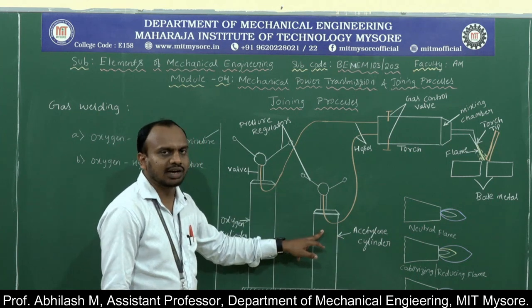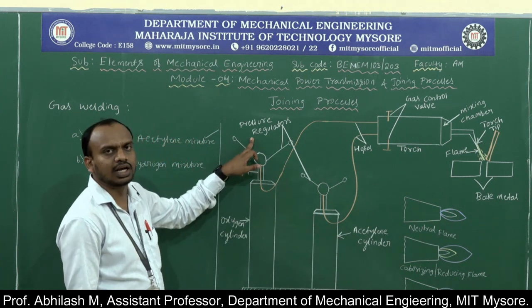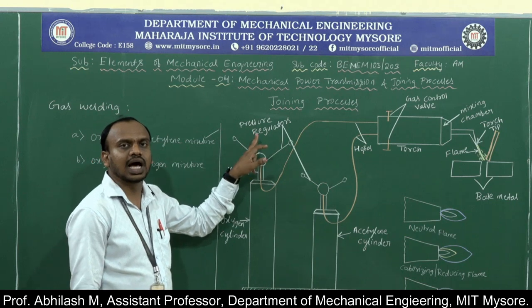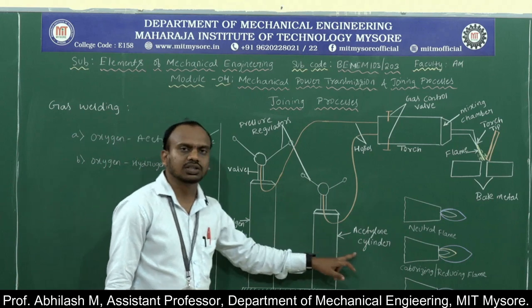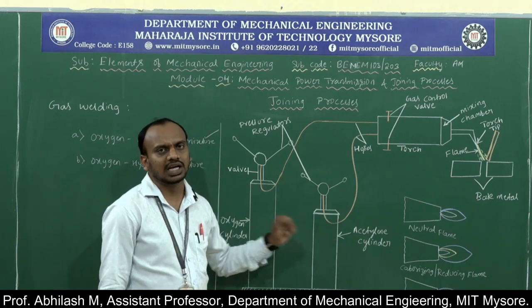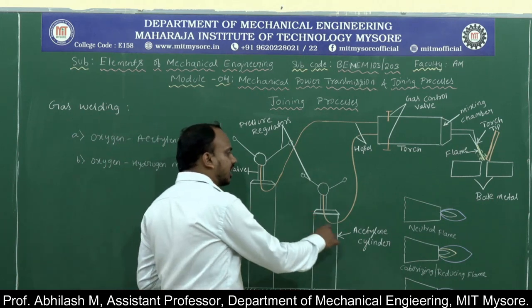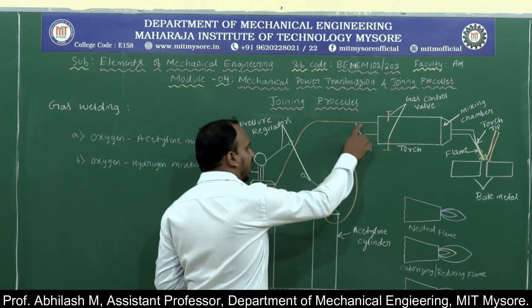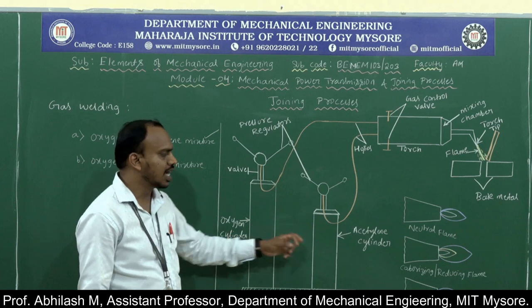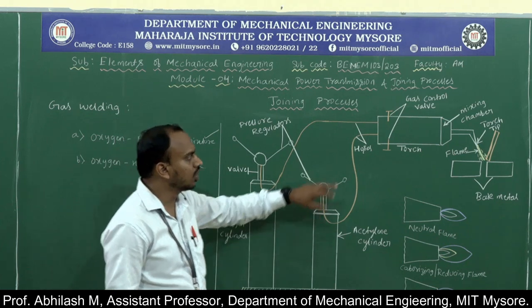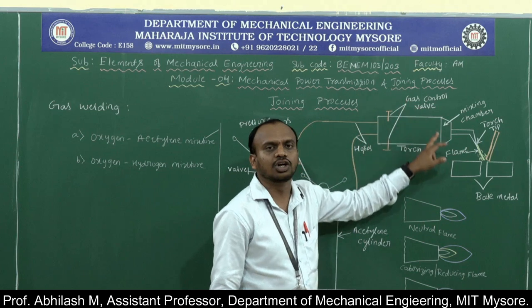Both are regulated with the help of pressure regulators. The pressure regulators are used to regulate the pressure of the oxygen and the acetylene cylinders. Flexible hoses or pipes are used to supply the oxygen and acetylene into the chamber called the torch.